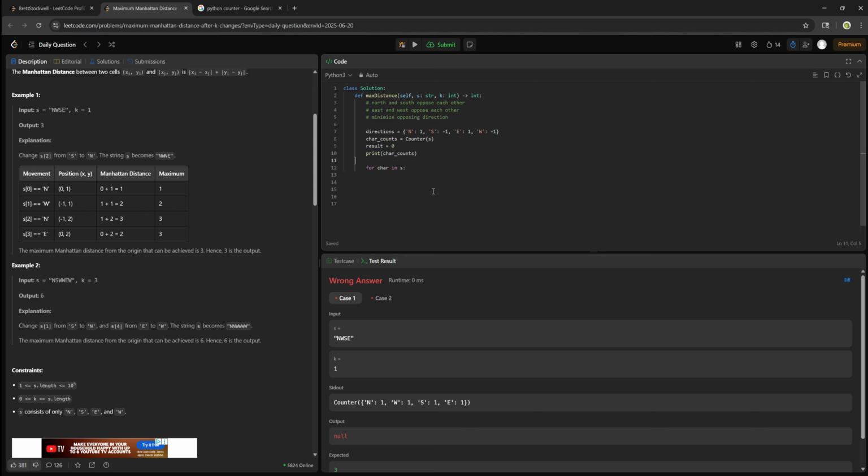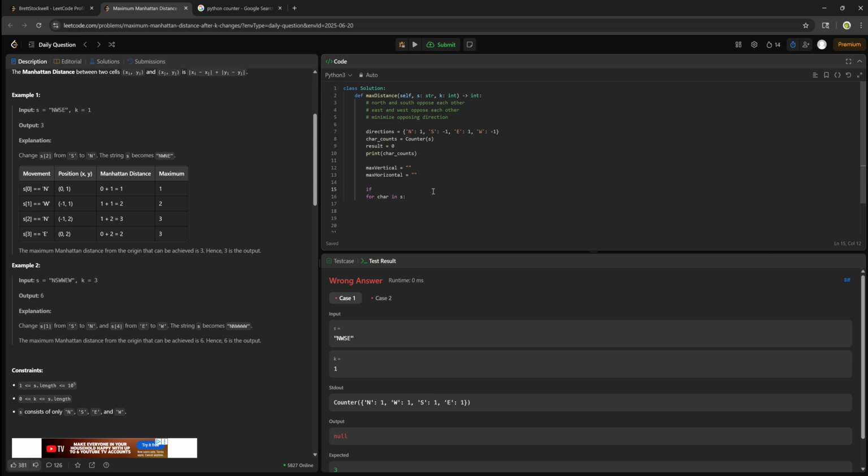And then we can do max vertical equals, max horizontal equals here, and then we can use a couple if statements.